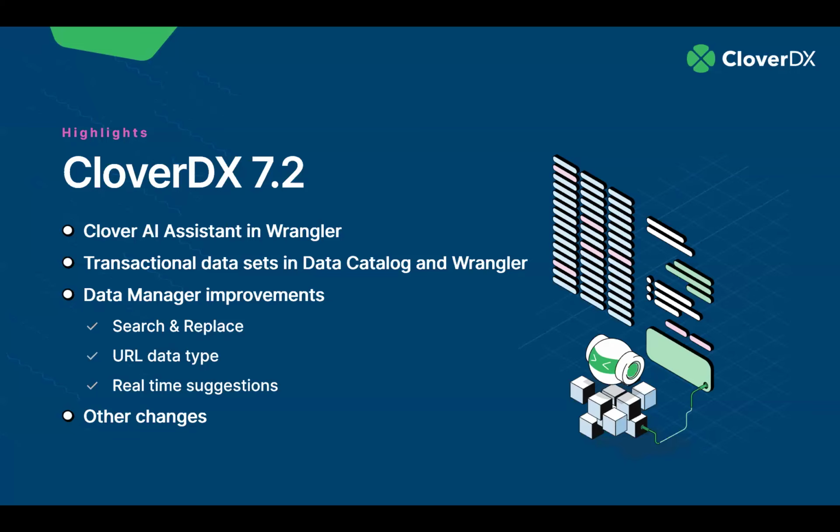And we also have, of course, a number of improvements in Data Manager, like the ability to search and replace, or use URLs in your data and have them shown as a URL instead of just plain text, and so on. Of course, there are many other changes that we have implemented in this release, and I'll talk about some of them as well.